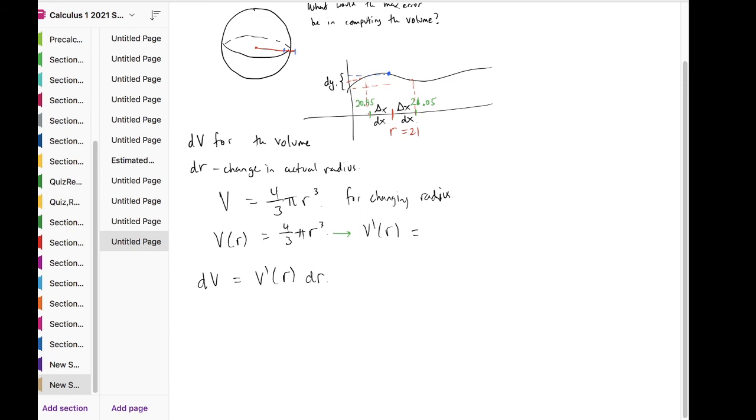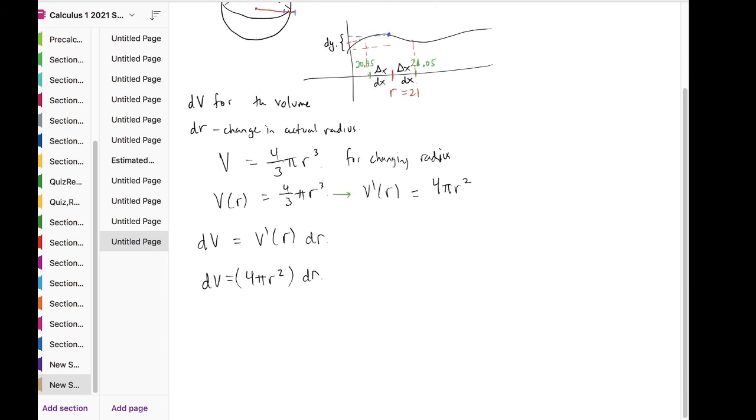So it'd be 4/3 pi times 3r squared, and then the 3's cancel. So our dV is equal to 4 pi r squared dr.